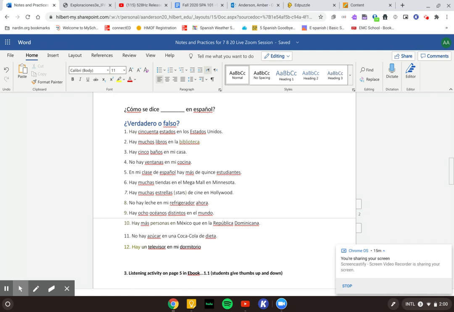Número 6. Hay muchas tiendas en el Mega Mall en Minnesota. ¿Cómo se dice tiendas? Stores. Es verdadero. Número 7. Hay muchas estrellas de cine en Hollywood. ¿Es verdadero o falso?